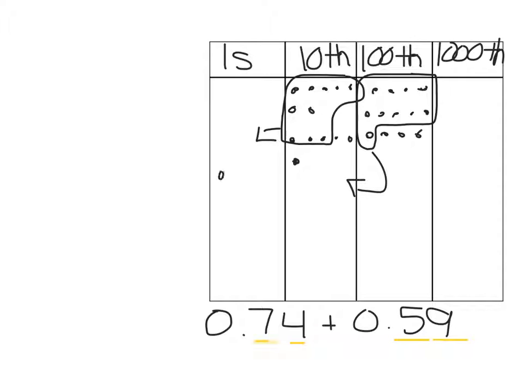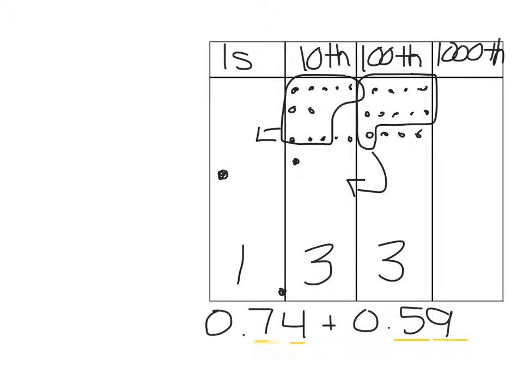And so I will mark that I now have 1. And so if I count what I have remaining in each of my place values, I have 1 one, 3 tenths remaining, and I have 3 hundredths remaining. So 74 hundredths plus 59 hundredths equals 1 and 33 hundredths.